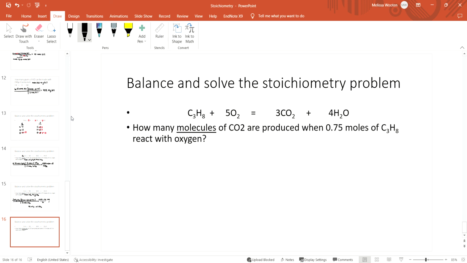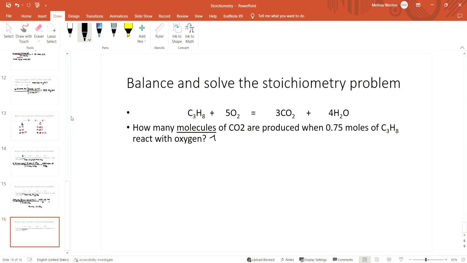Now, let's take this one step further. How many molecules of CO2 are produced with 0.75 moles of C3H8? And so, molecules involve Avogadro's number. The easiest way to convert to molecules is to use moles.